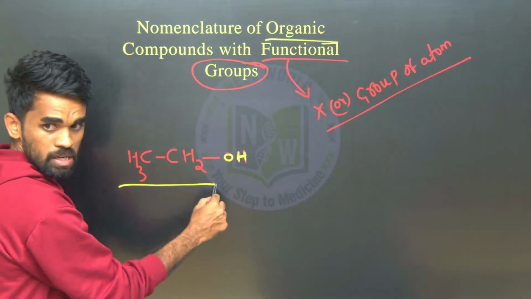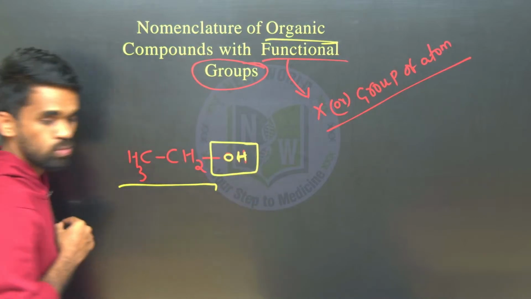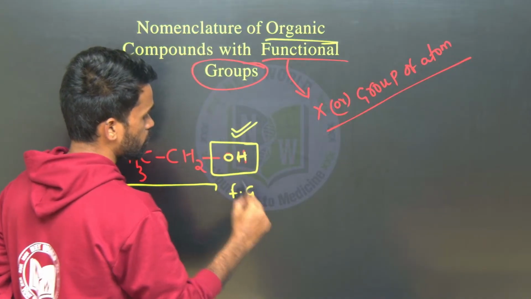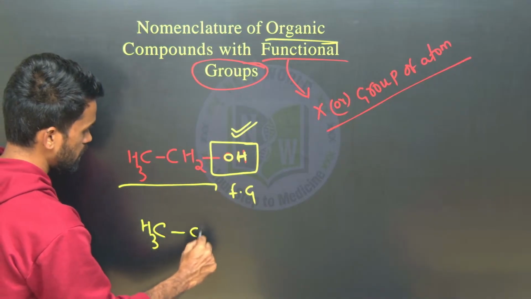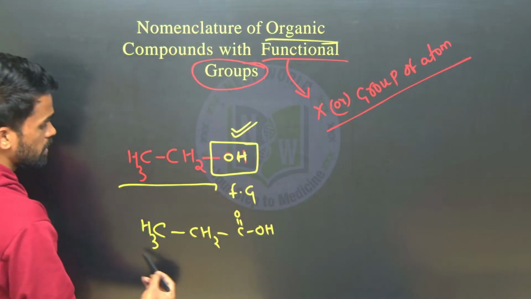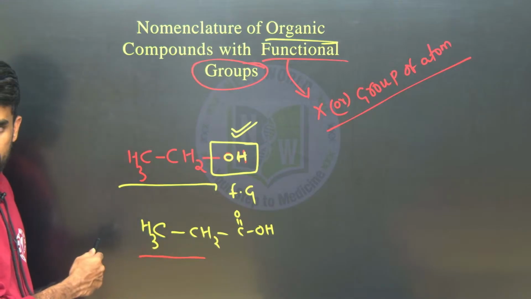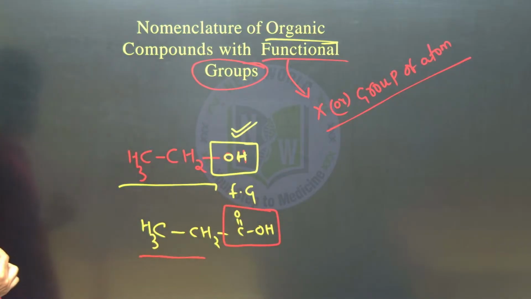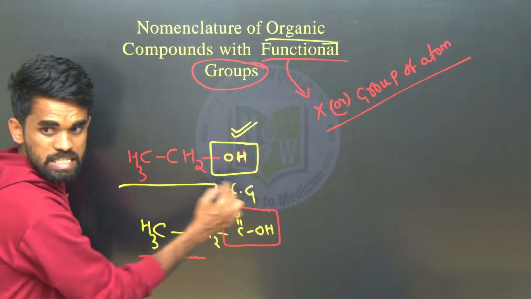The property of this compound is decided or characterized by this OH group. It means this OH group is called its functional group. Similarly, I am writing the same number of carbons, CH3, CH2, COOH. Now look at this. This compound is called carboxylic acid, or propanoic acid if I want to say. Its characteristic property is decided by this group. So this compound is acidic due to the presence of this COOH.